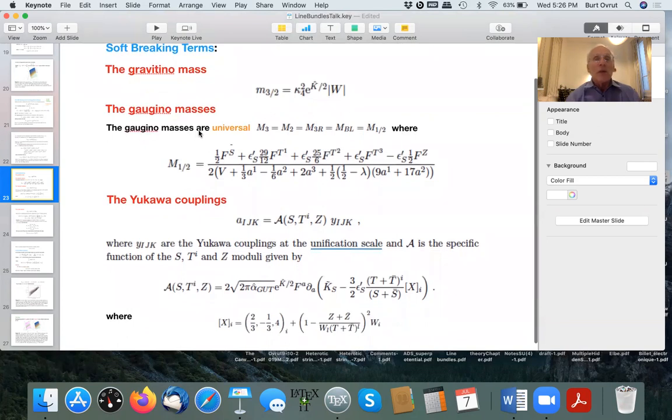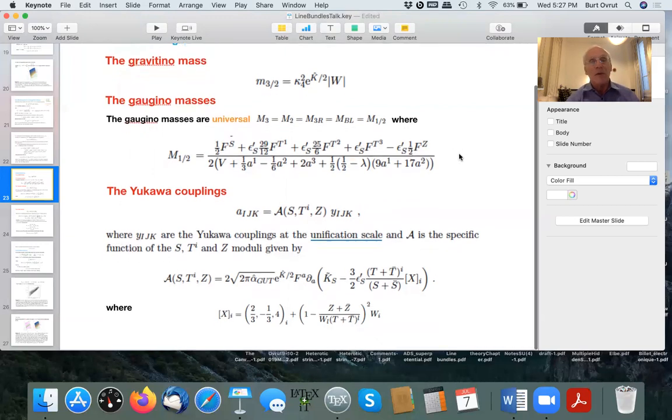The gaugino masses we find are universal, so they're all the same for all 4 gauge groups, and it's given by m1/2, where m1/2 is given by this object, so it depends on where we are in Kähler moduli space. Lambda is 0.49, and we have to compute over all of these Fs, and that's easy to do, and we did it, and I don't have time to express it here.